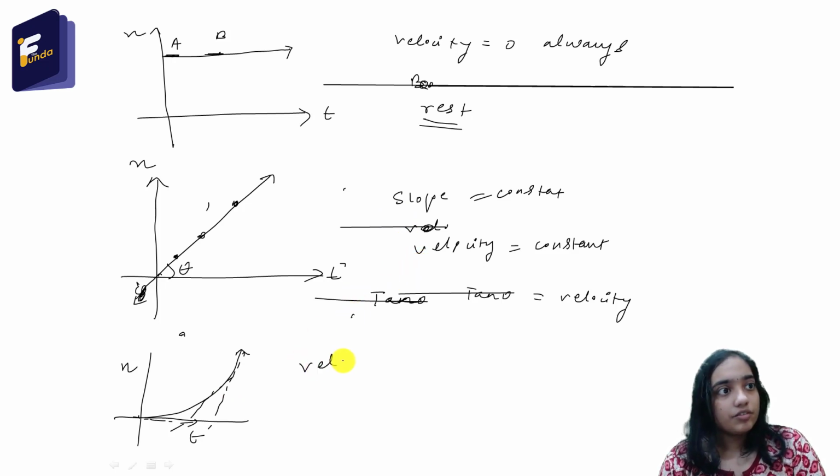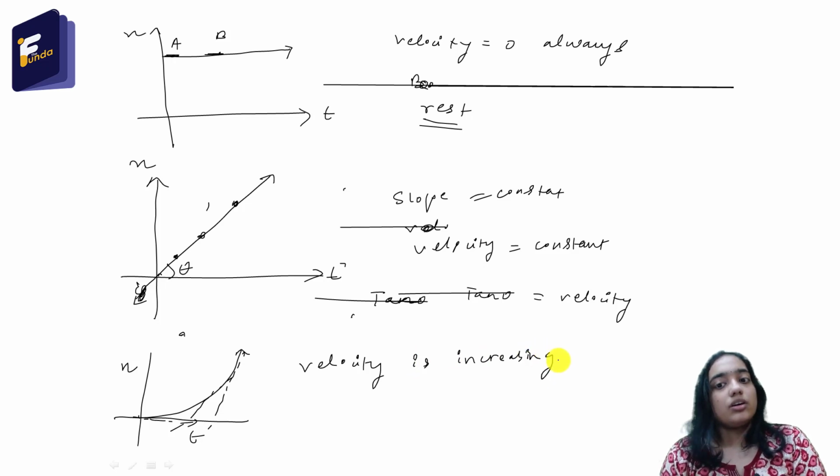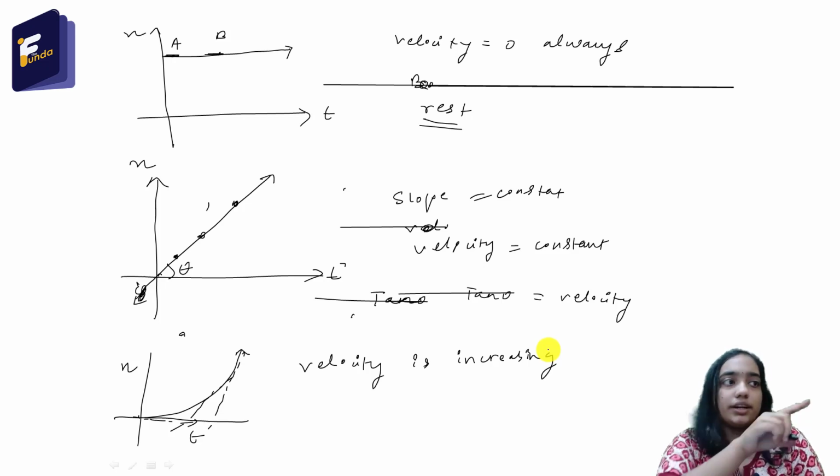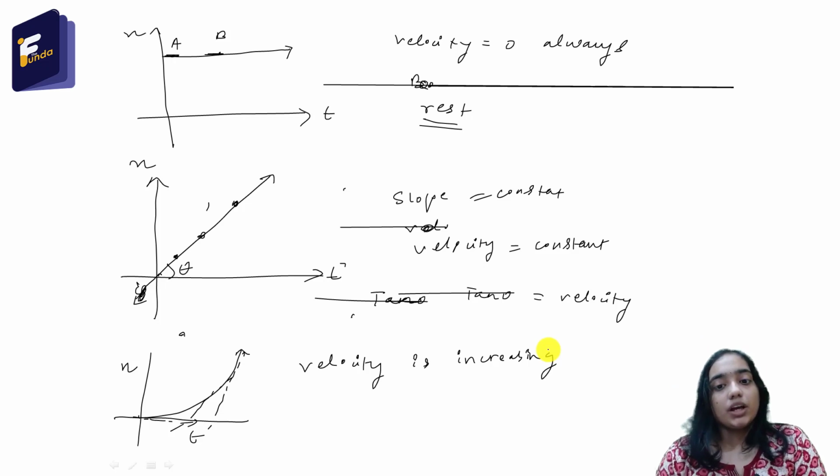Slope represents velocity in the position-time graph. So velocity is not constant. Whenever you see that the position-time graph is a curve, that means the velocity is not constant, and in this case the velocity is increasing because the pen is becoming vertical, that is, the slope is increasing.